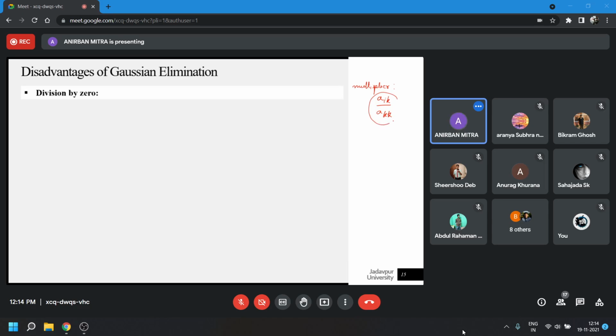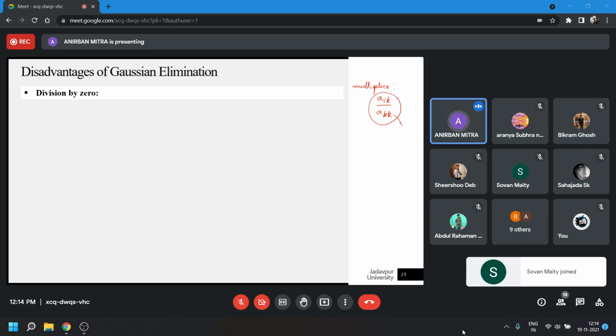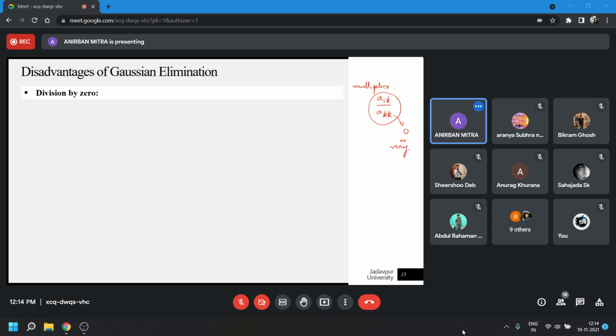That is the multiplier. Now you do not have any control over this term a kk. This could easily be 0 or very small. And if that is the case, then it creates a problem. Obviously, division by 0 would give you an error, and division by a very small number also creates certain difficulties in implementing the numerical technique.